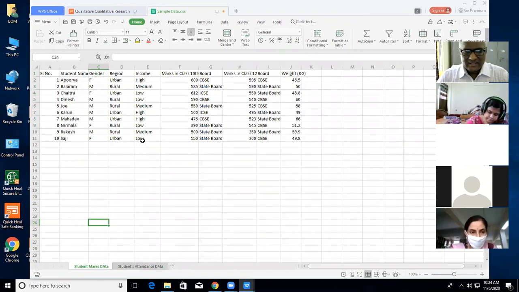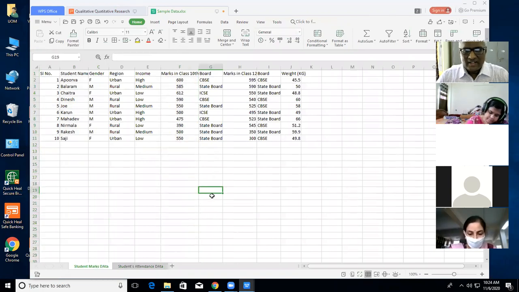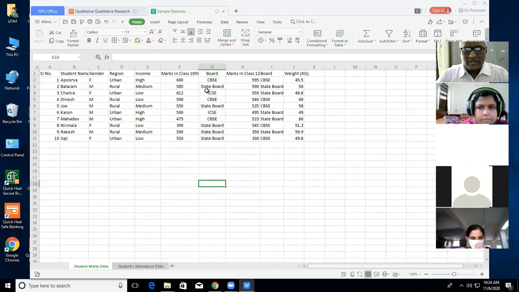Here three groups are there, here two groups. Marks in 10th standard, for example, this is a numerical value. This is again a board. Board means which board they belong. Are they from CBSE? Are they from state board, ICSE? This is also categorical scale.